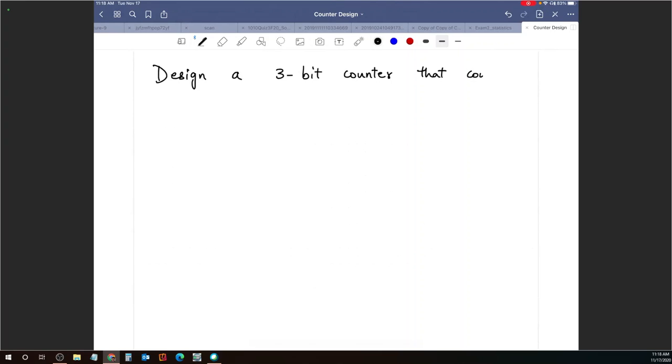That counts in the sequence. Now I want you guys to tell me the sequence. The options that you guys have are to pick values anywhere from 0 to 7. Doesn't have to be in that order.